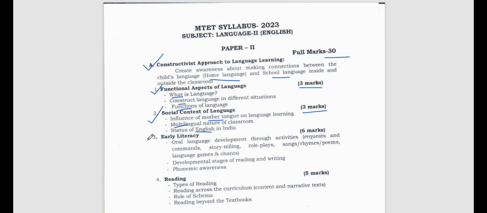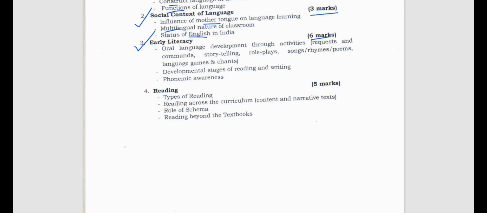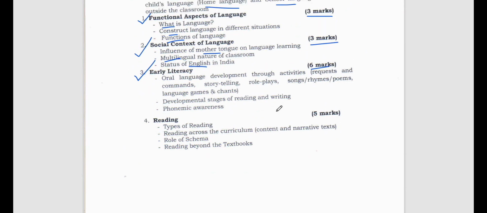Then let's see number 3. Yes, this is for 6 marks. So what does it say? Let's see. All right, early literacy. So oral language development through activities, requests and commands, storytelling, role plays, songs, rhymes, poems, language games and chants.